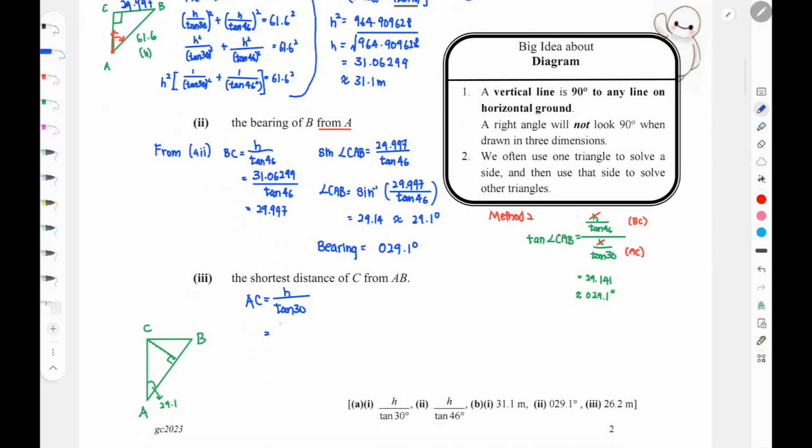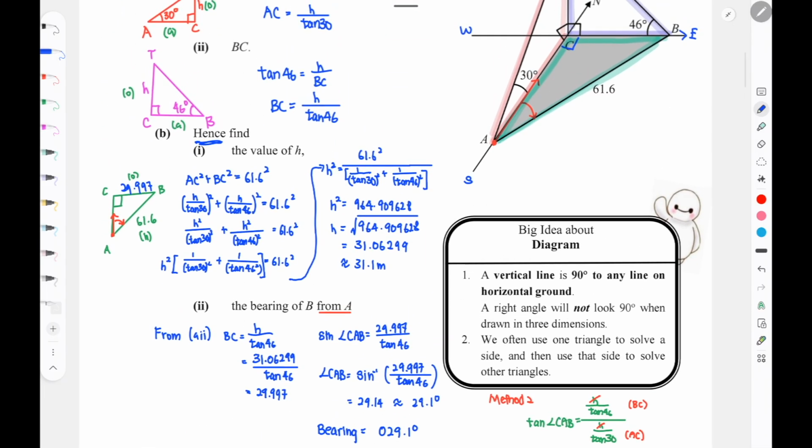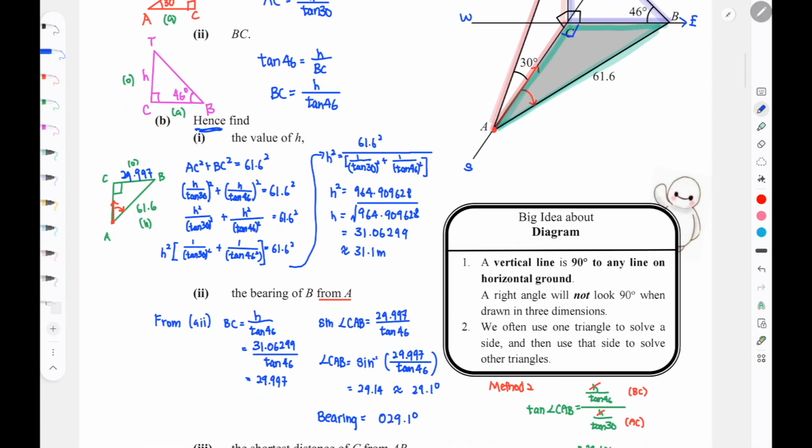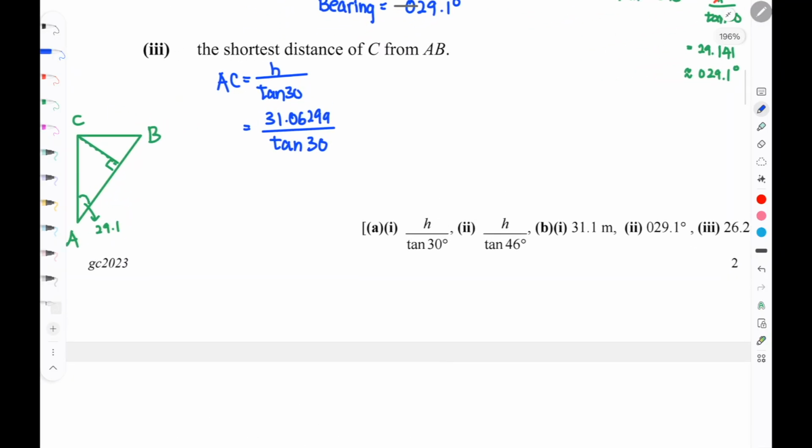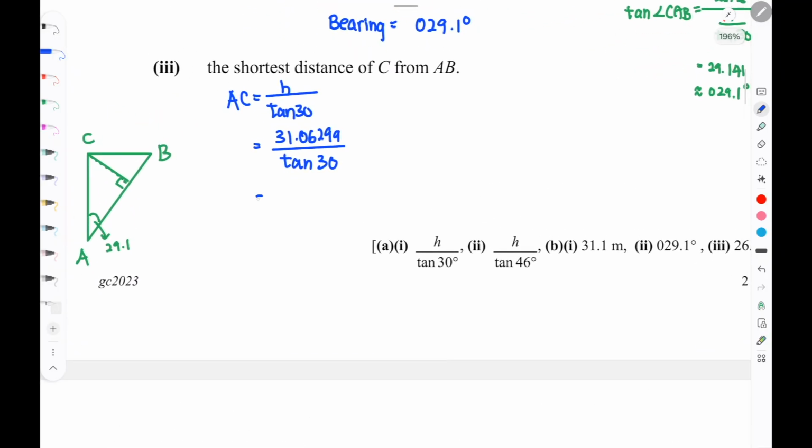So it's 31.06299 over tangent 30. Okay, so when I type into the calculator, this will give me a length of 53.8026.